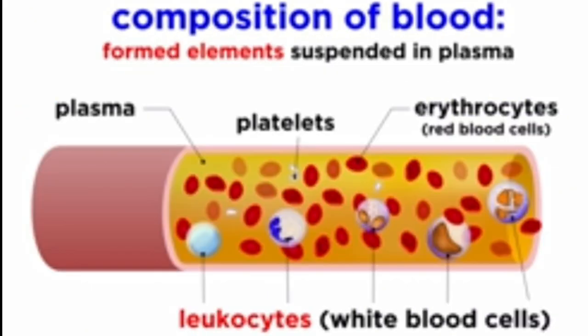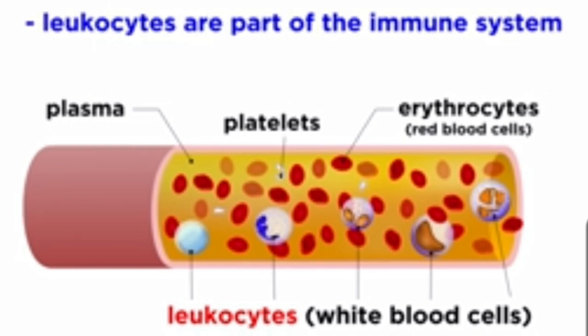Next, let's look at leukocytes or white blood cells, which, unlike the far more abundant red blood cells, are complete cells with nuclei and organelles. These are part of the immune system, which we will discuss in greater detail later.